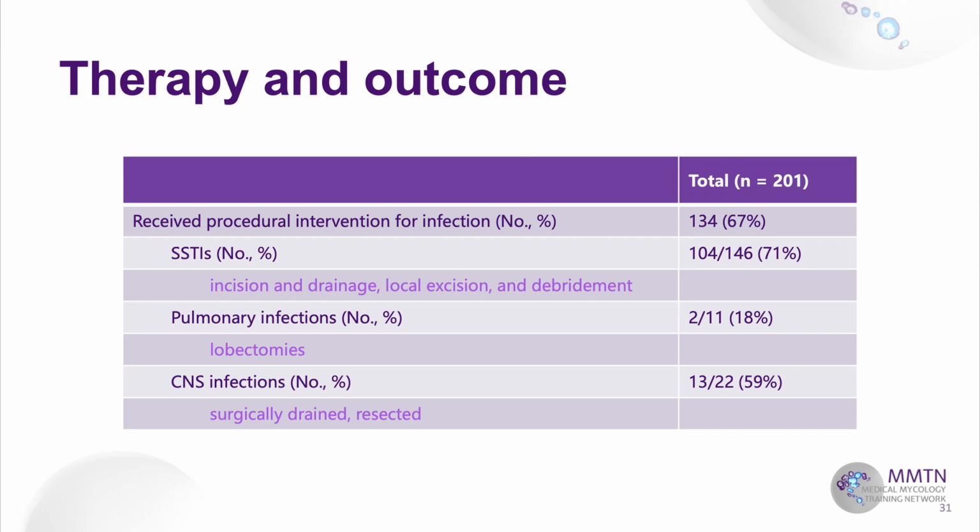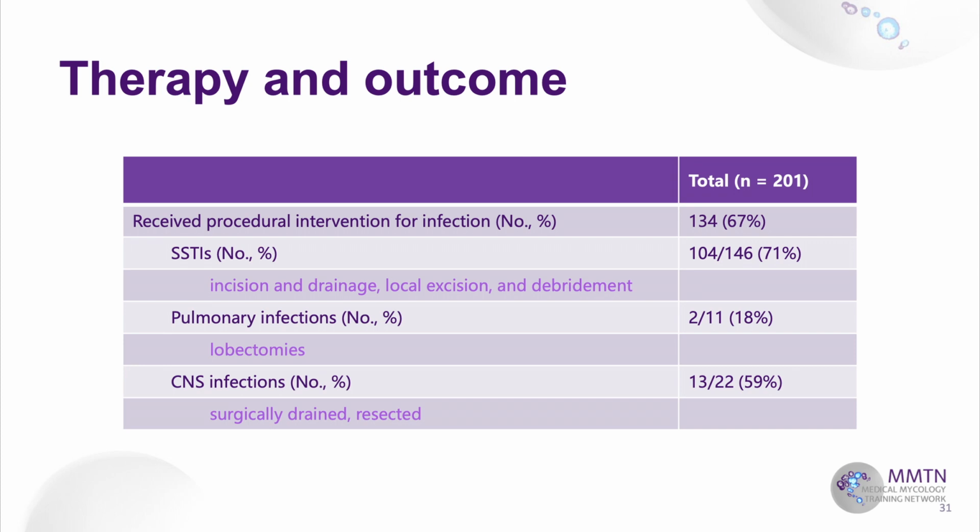The patients receiving a procedural intervention for infection are about 67%. That means the surgical therapy seems most important.